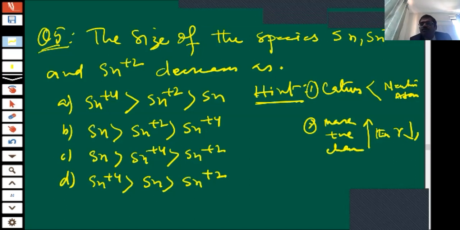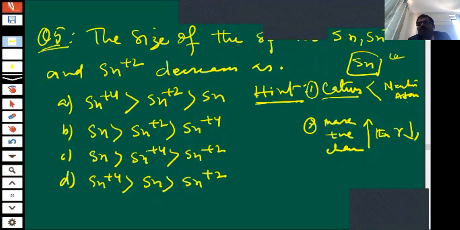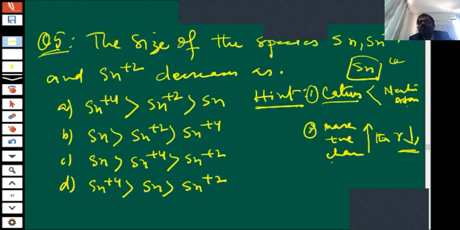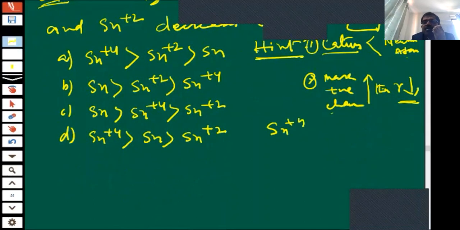First of all, we are considering the same atom. This is the restriction; we are not comparing with other atoms. Sn means tin. So cations are smaller, and among cations, the one with more positive charge will be the smallest. There are three particles: Sn plus 4, Sn plus 2, and Sn.